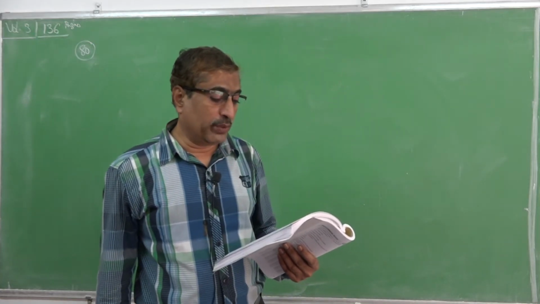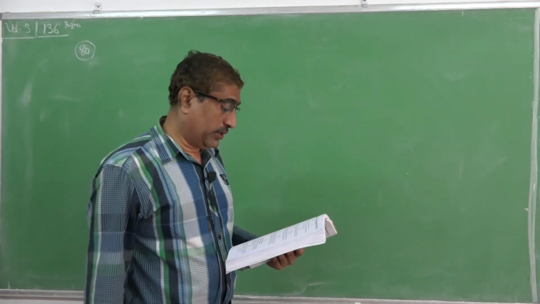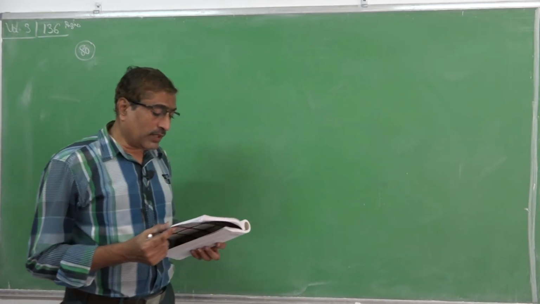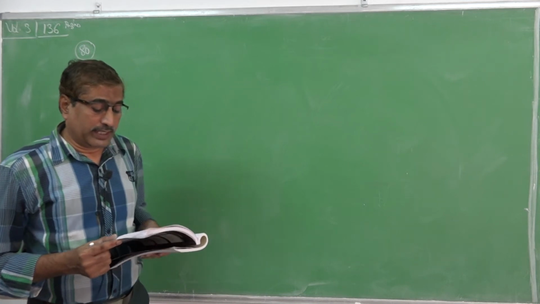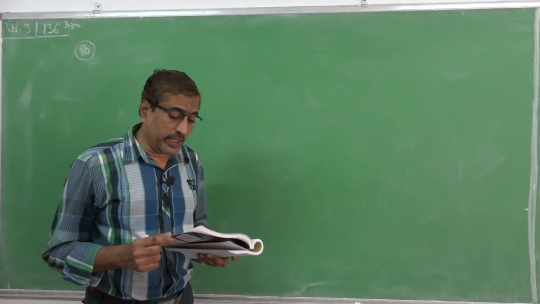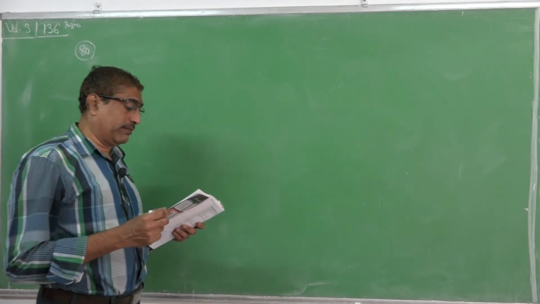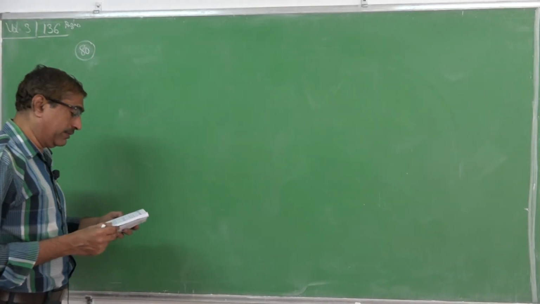Its amplitude in meter is. The question is, a body executing SHM has a maximum velocity of 1 meter per second and a maximum acceleration of 4 meter per second square. The amplitude in meter is.